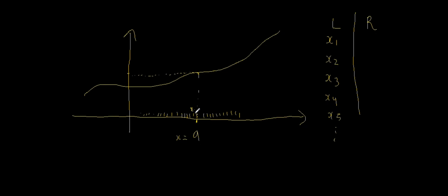So here's x1, x2, x3, dot dot dot. And let's just call the values to the right of E b1, b2, b3, b4, b5, dot dot dot. So all these are x values.